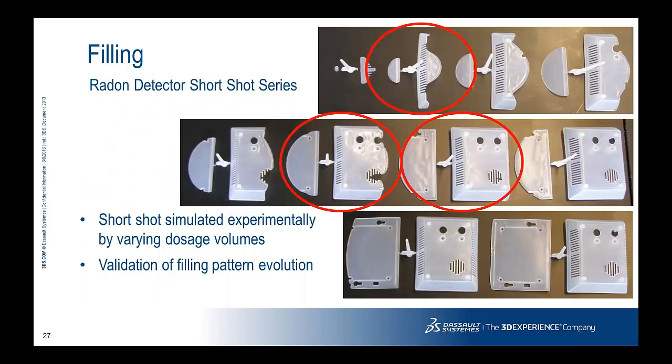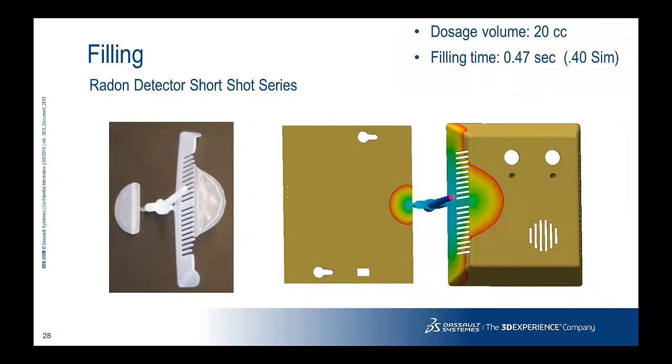Also from the filling point of view, with the machine it's very easy to select a filling time, see at that time which is the filled part, and then eject it. In the software again it's very simple because you can stop the simulation results at that time.